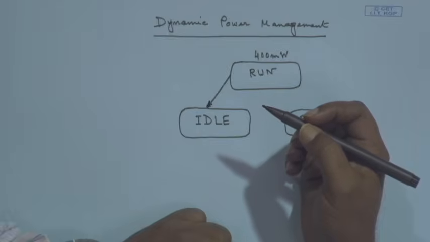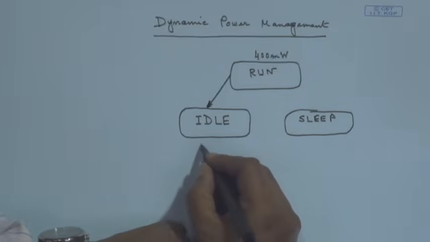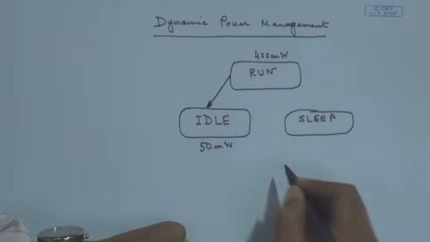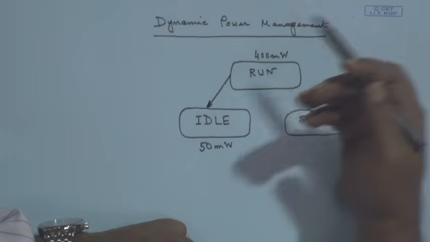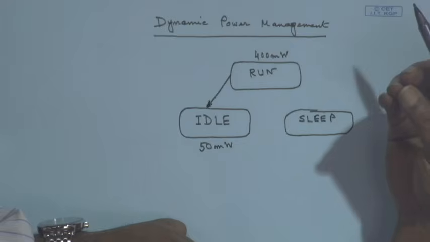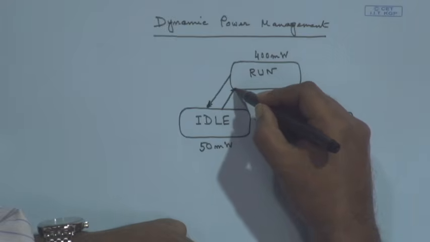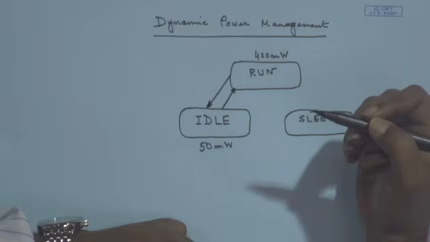The operating system. The operating system will switch it to the idle state and say in idle state it will consume 50 milliwatt power. And whenever there is a software routine or some event that calls for the processing, then there will be a wake up, a return from the idle state to the run state again.